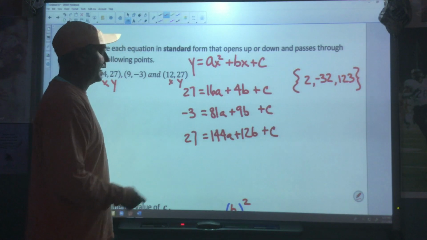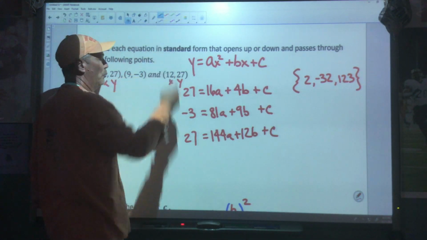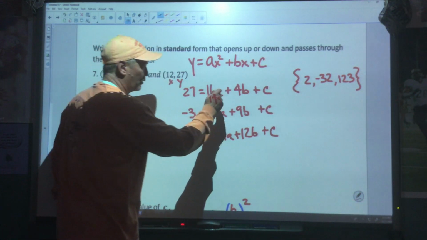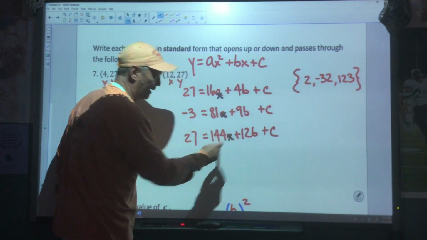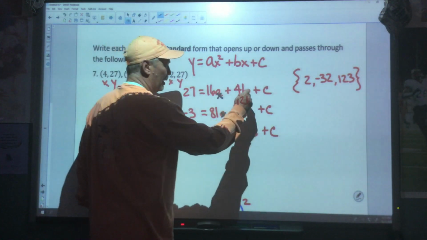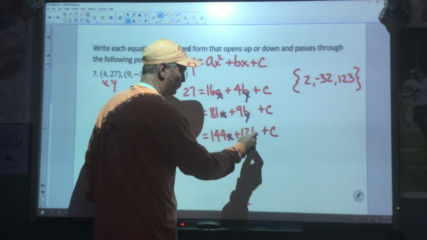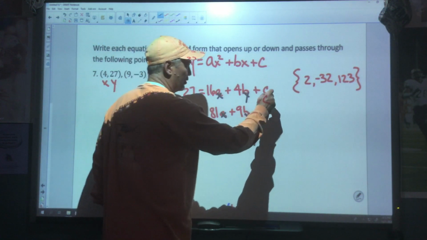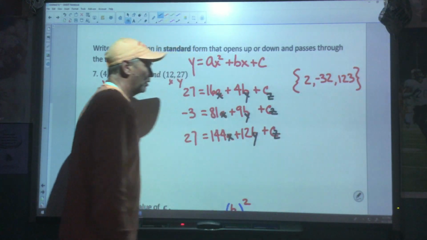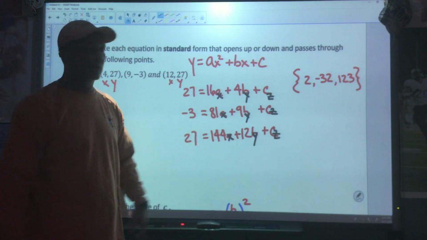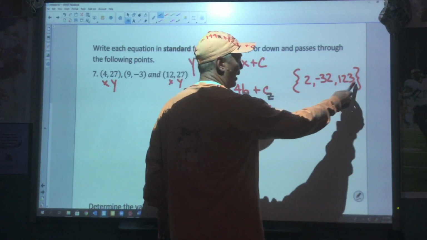We're going to put this in our calculator, but what I'm going to ask you to do when you put it in the calculator is change your a's to x's, change your b's to y's, and change your c's to z's. So when you put this in the calculator, this is what you're going to get back out.